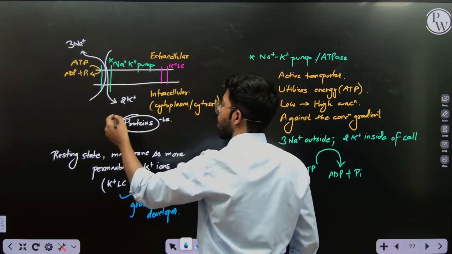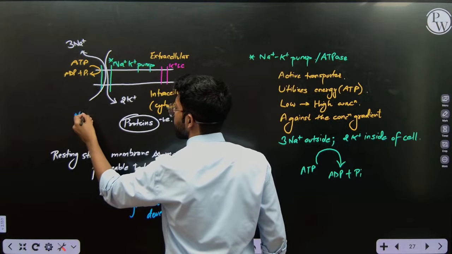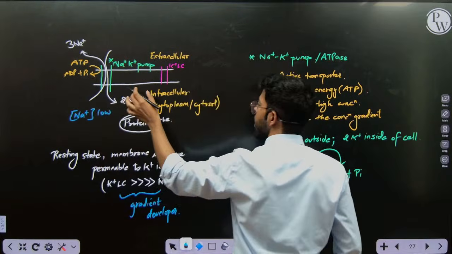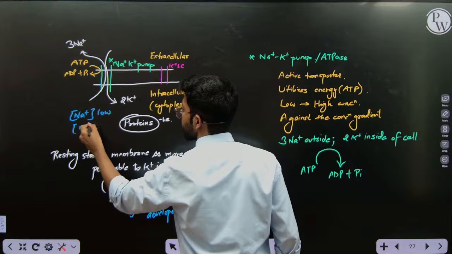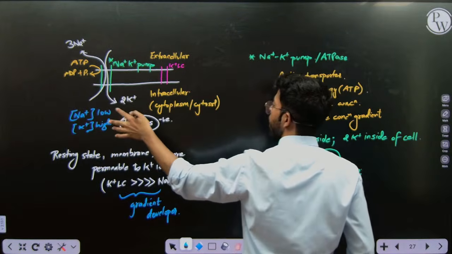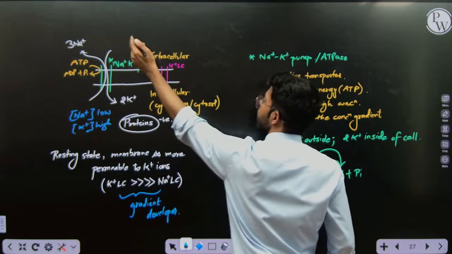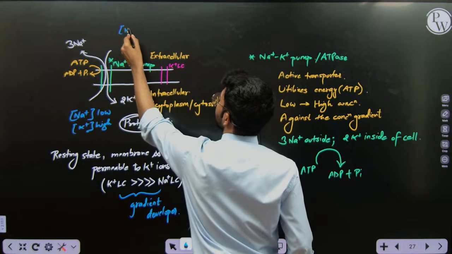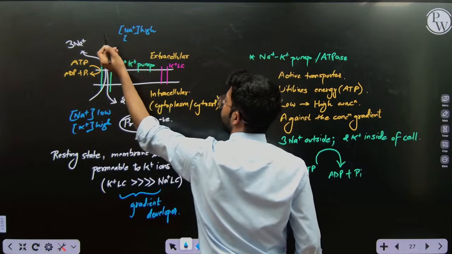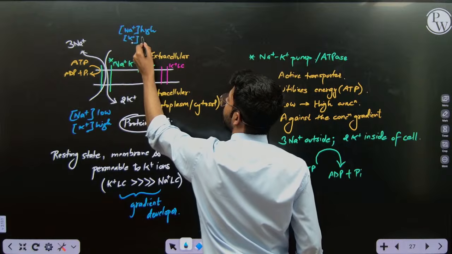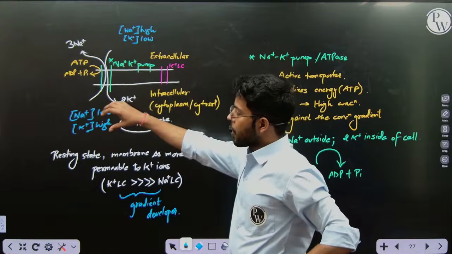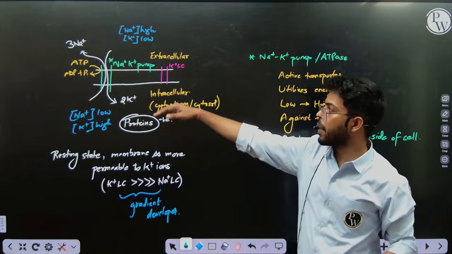The sodium ion concentration is always low inside the cell, and the potassium ion concentration is always high inside the cell, and the opposite outside. So leaky channels are responsible for this gradient development.